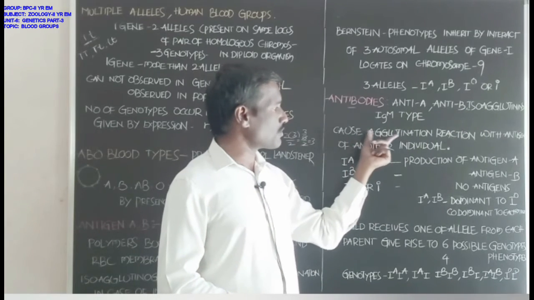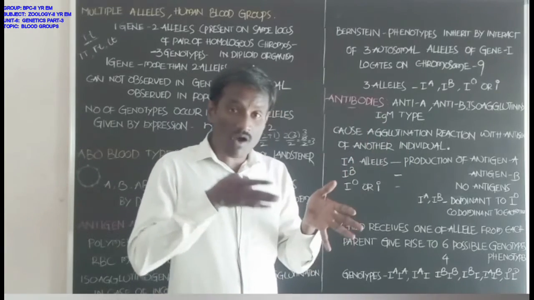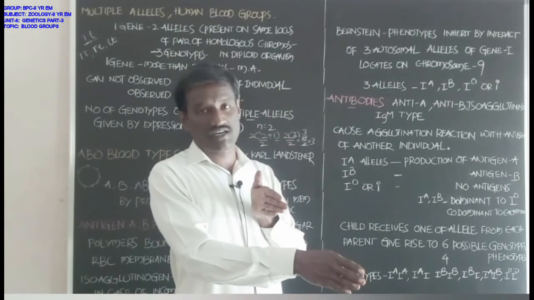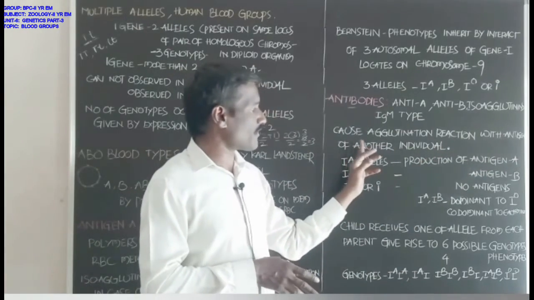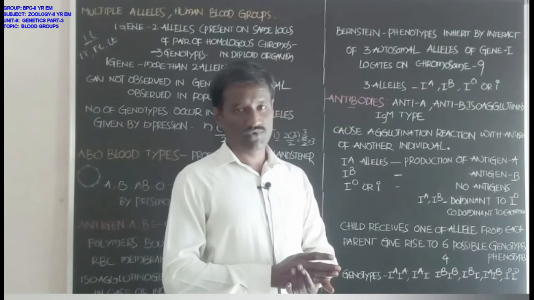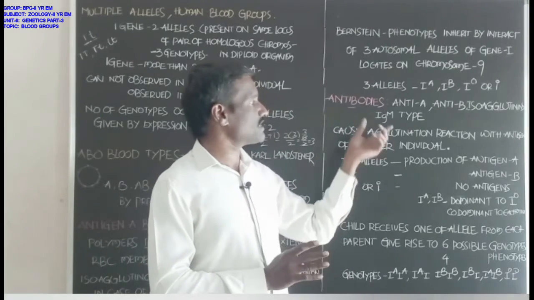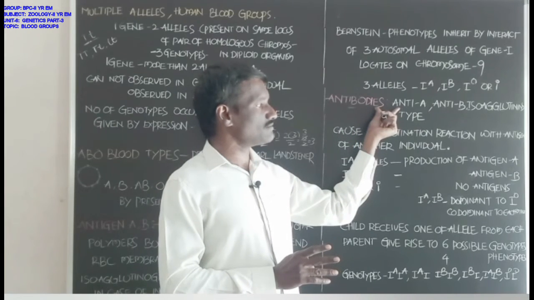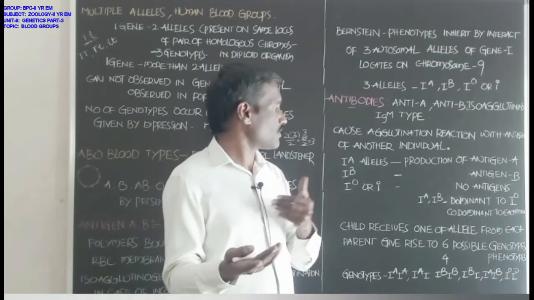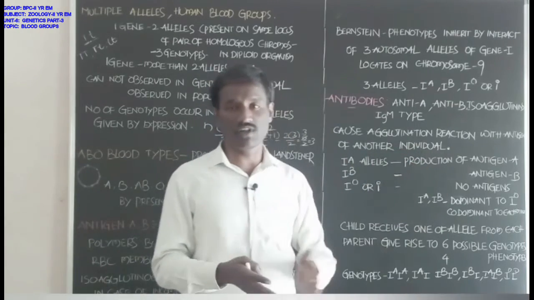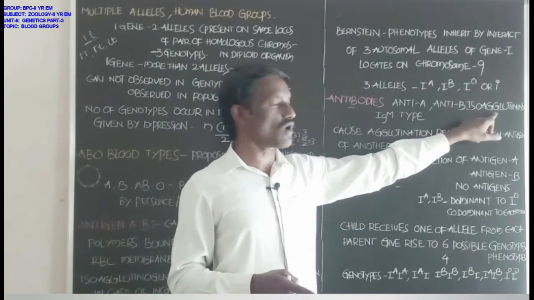These antibodies cause an agglutination reaction in the blood with the antigen of another individual. The antibodies react with the antigens of another individual and cause agglutination, hence they are called isoagglutinins.